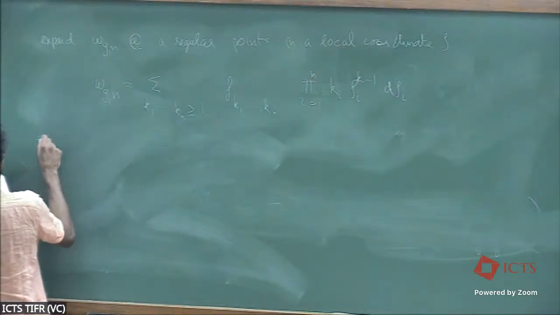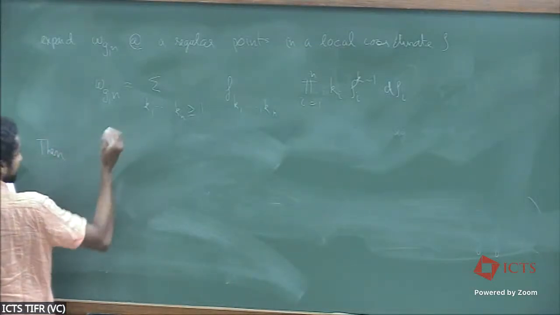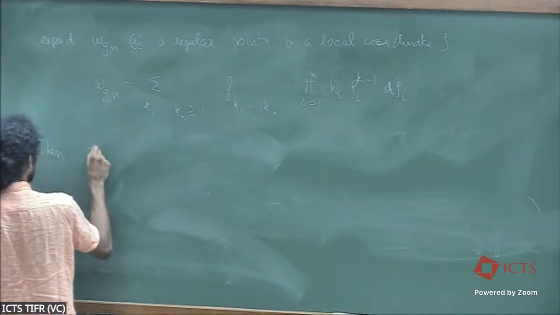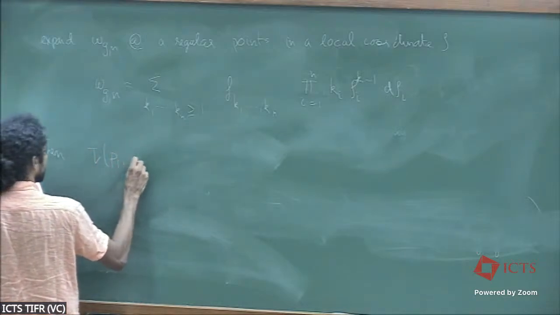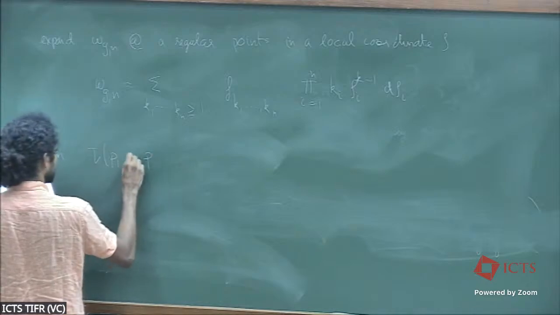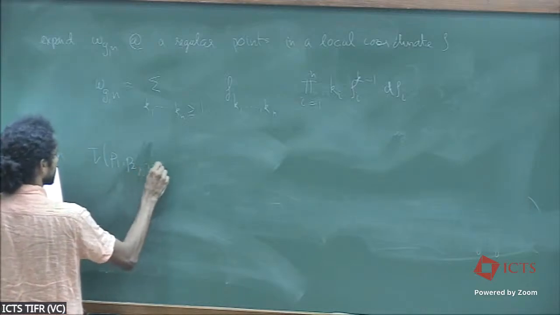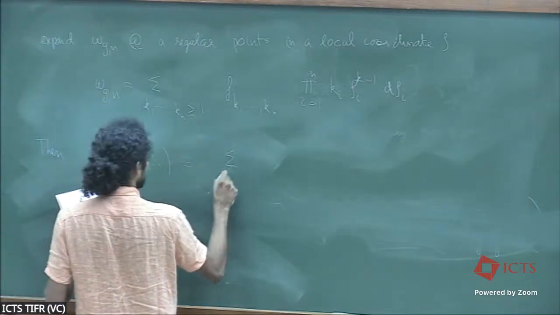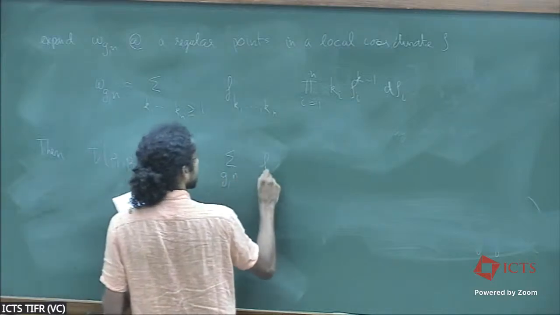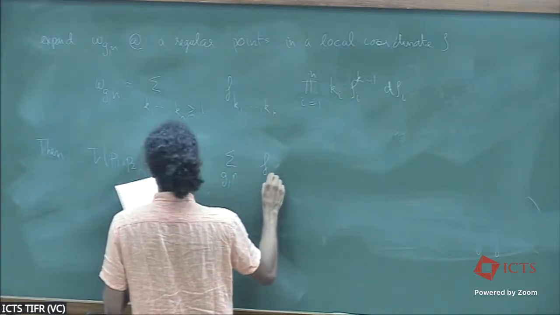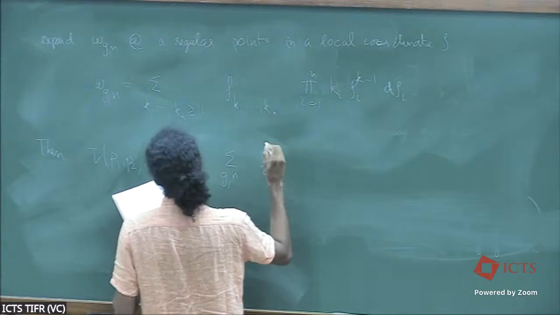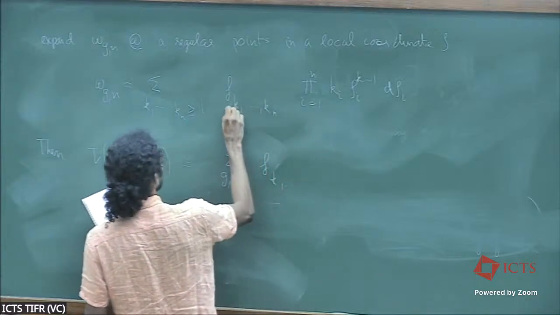And then I build a kind of generating function using these f's. I call it tau, of p1, p2, and so on, with some more g,n. I guess I should keep track of the genus as well.